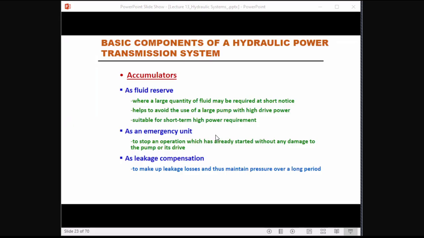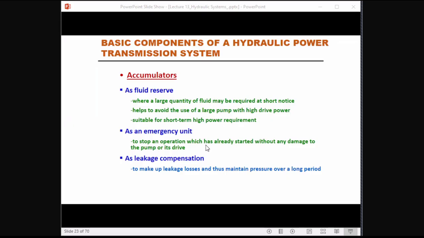Then in case of power failure or system malfunctions, the accumulator can release stored energy to safely stop the system without any damage to the system. Okay.